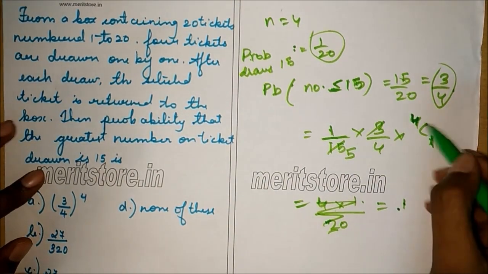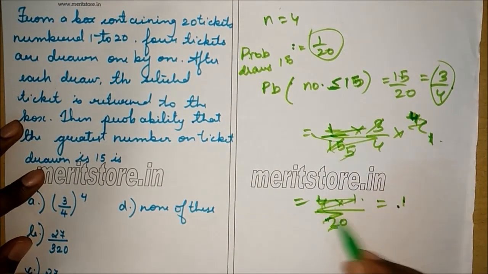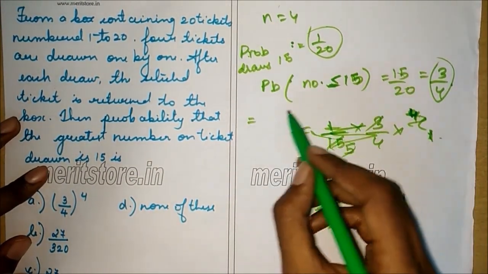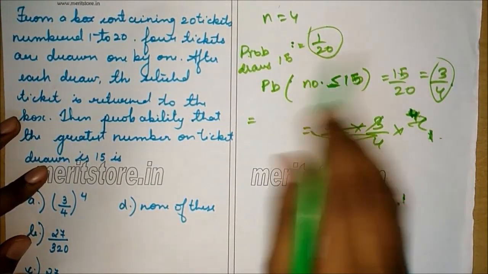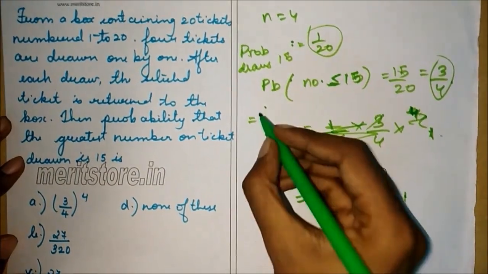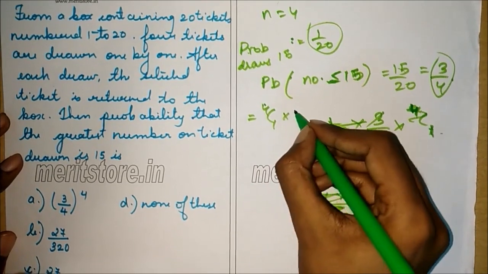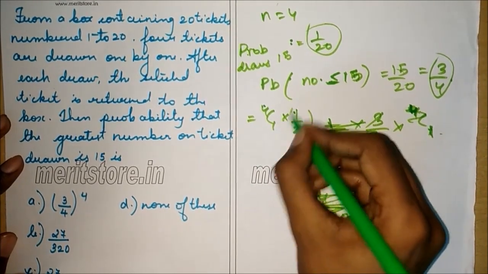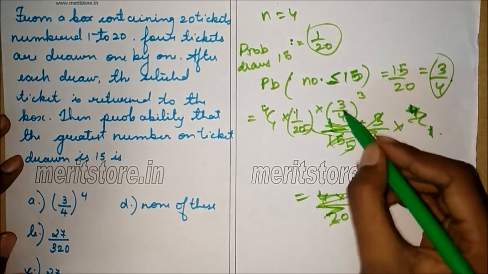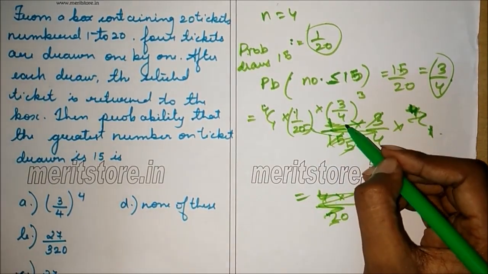Okay, so there's a correction. For the required probability, we are now selecting 4 cards. So the probability will be given by 4C1 into 1 by 20, which is the probability of getting 15, into 3 by 4 cube, since the other remaining cards will be either 15 or less than 15.